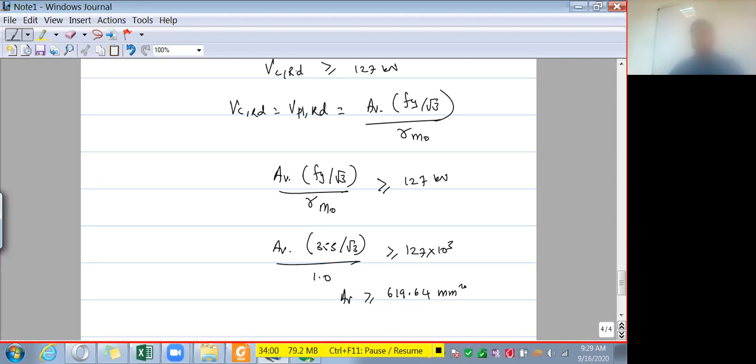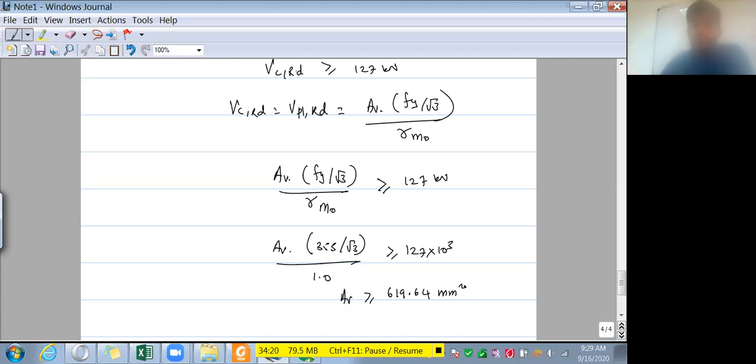So the area should be greater than 619.64 millimeters squared. That is the required area to satisfy the shear requirement of the load.